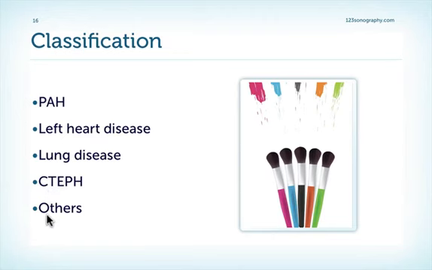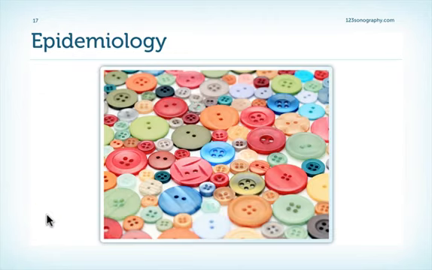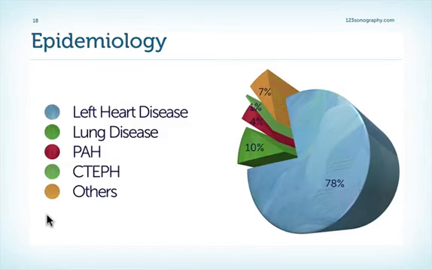Interested in some epidemiological data? Well, a survey performed in an echo lab showed that the prevalence of PH came up to 10.5%, so it's not a rare disease. By far the most common cause is left heart disease, with 78%, followed by lung disease with 10%.